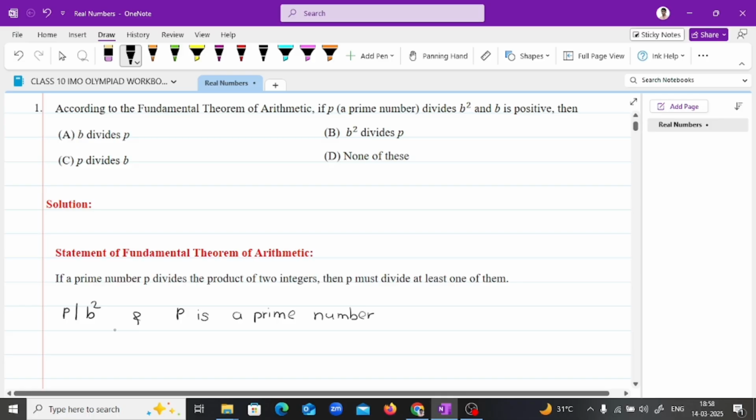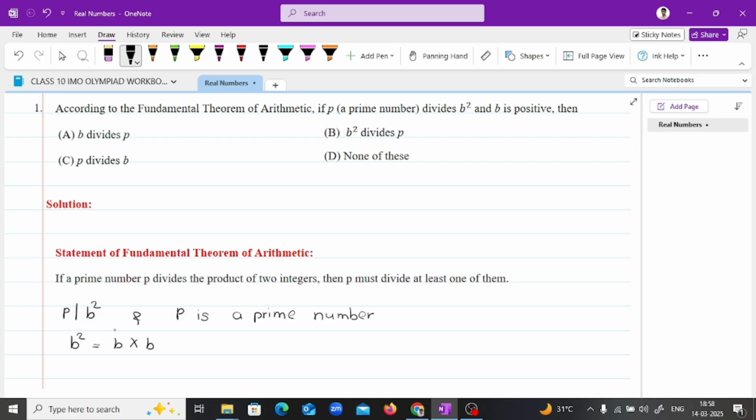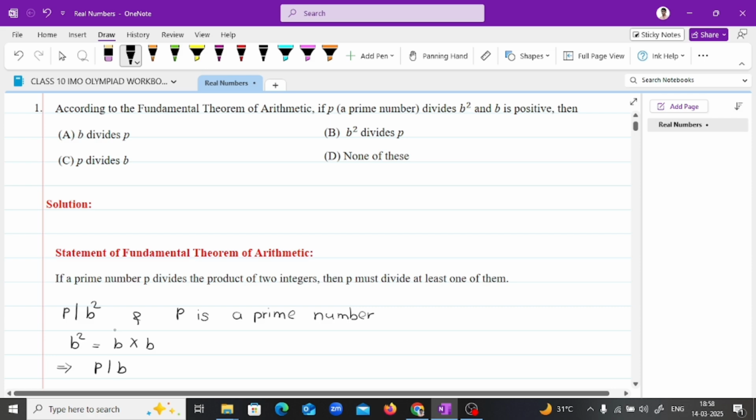According to the statement of the fundamental theorem of arithmetic, p must divide at least one of them. But here b square can be expressed as a product of b into b. So p must divide b. Okay, so our correct option will be option number C.